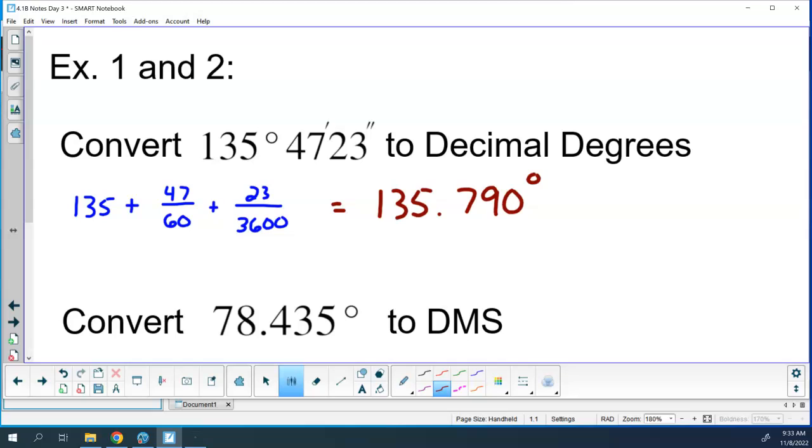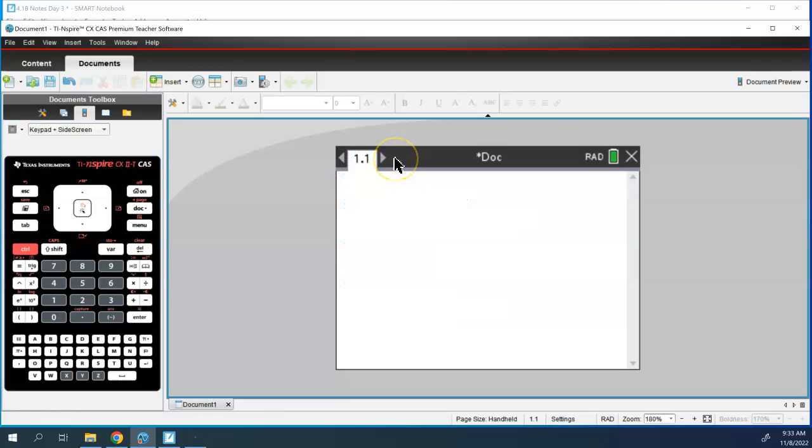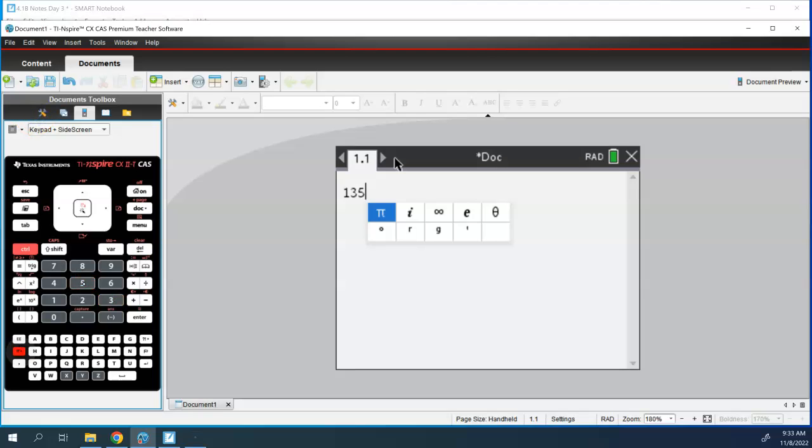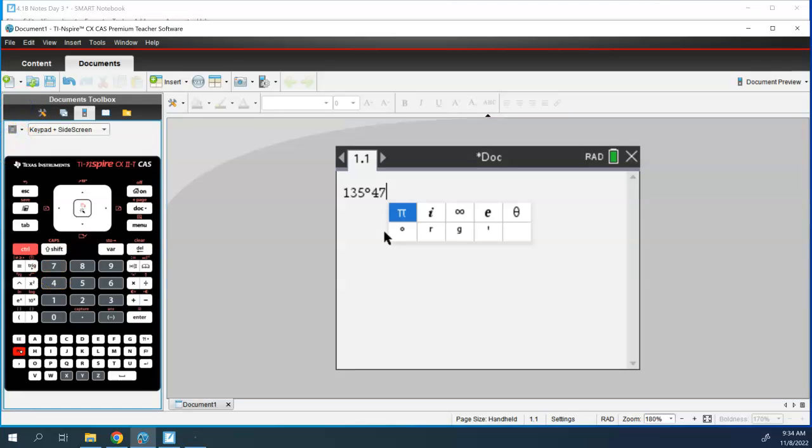Yeah. Okay. Now, we're going to show you how the calculator can do that for you too. If you have a graphing style calculator, you can just go to any old calculator page, and then we would have 135 degrees, 47 minutes.